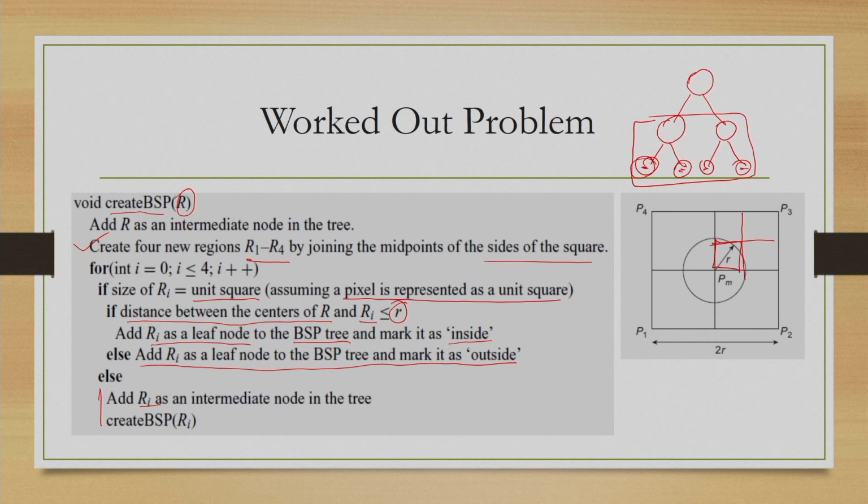So, at the end of it we get a tree where the leaf nodes represent the bounding region, the original region divided into subregions. Some of these subregions are marked as inside the particular object, inside the square, whereas others are marked as outside. So, from that tree we get a representation of the square.